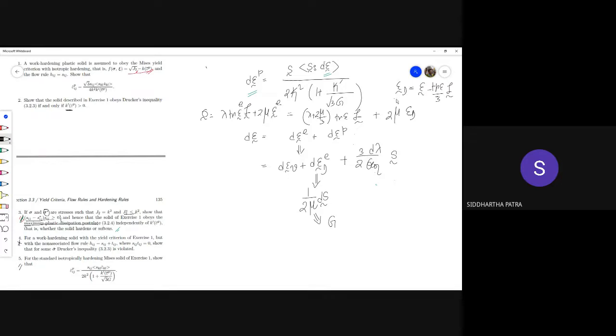So this is like the equivalent of deviatoric stress. This could also be written as the hydrostatic part of the stress plus the deviatoric part of the stress. So you can see this s is actually proportional to epsilon d, because this is what corresponds to the hydrostatic part, and this is what corresponds to the deviatoric part.